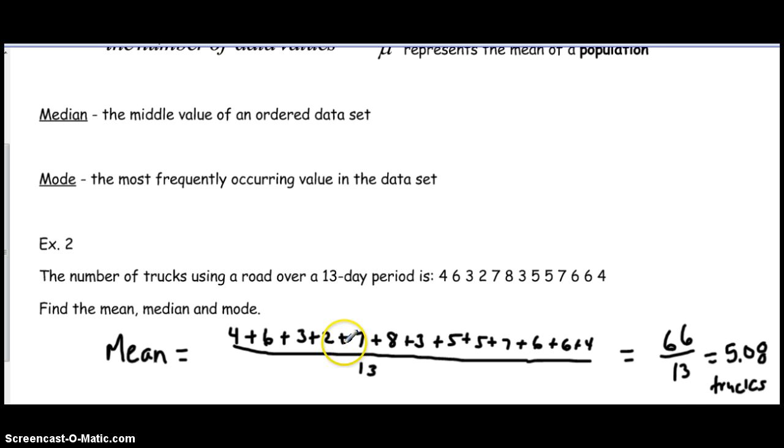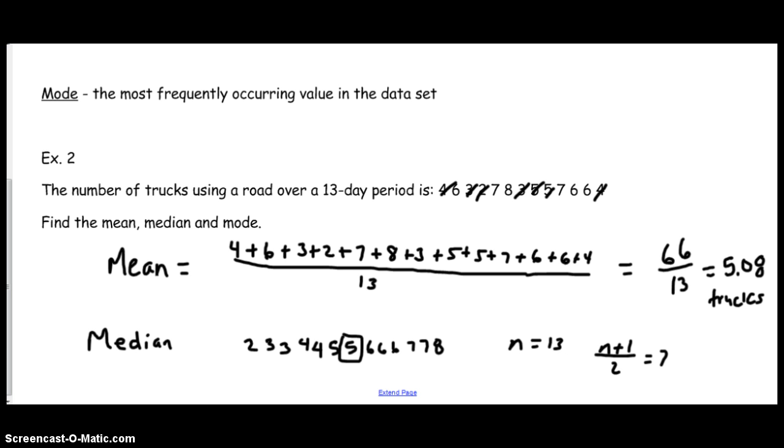Okay, for the mean, you should have found that there was an average of 5.08 trucks on the road. The median, you have to put the data in order and find the middle number. For an odd number, it's pretty simple.